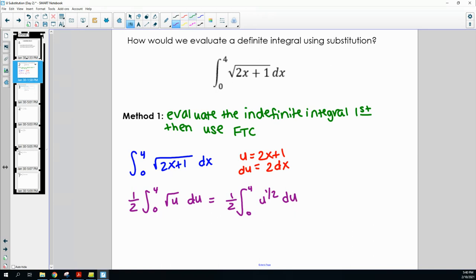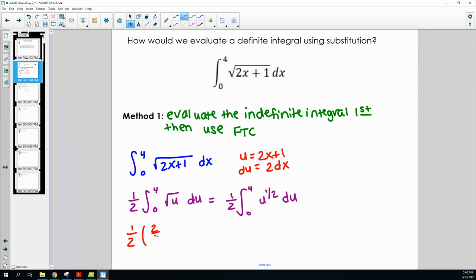So now we're going to use the reverse power rule to find the antiderivative of this u to the 1/2. So we have the 1/2 that's on the outside from before, and then we're going to take the antiderivative of u to the 1/2, so that will increase the exponent by 1, which would become 3/2, and then we're going to divide that by the 1 in front.